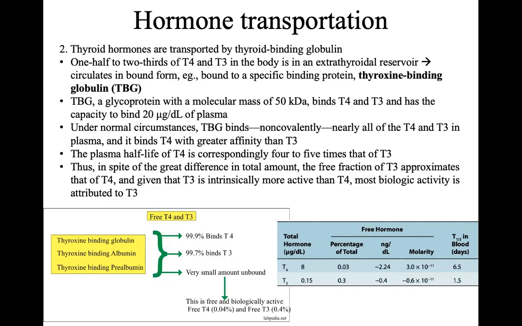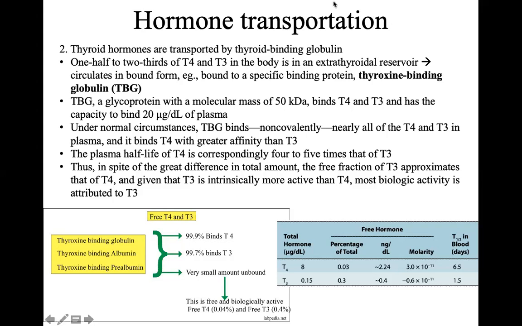It means that most of these hormones, T4 and T3, more than 75% of them, are available outside the thyroid organ, because they have been secreted from the thyroid.